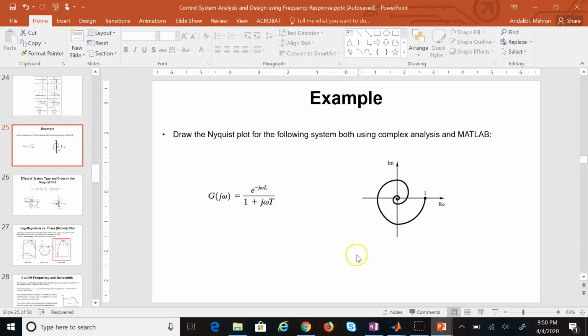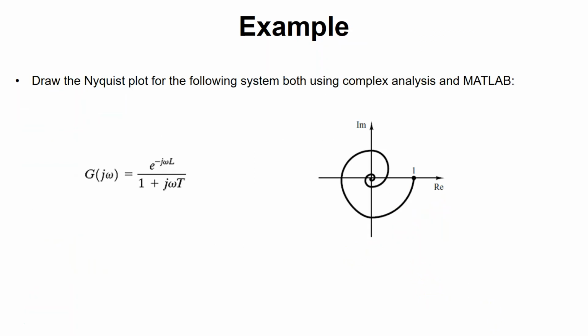So what I want to do at this point is plot the Nyquist of this transfer function. Here g of s is e to the negative L times s divided by 1 plus ts.